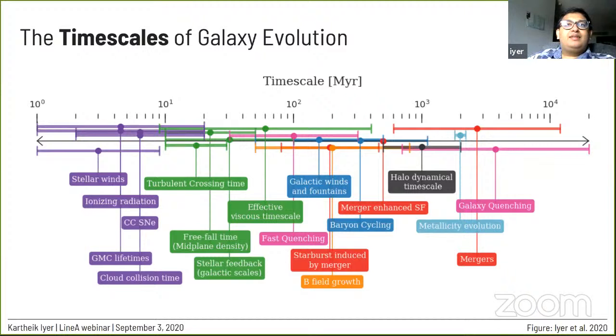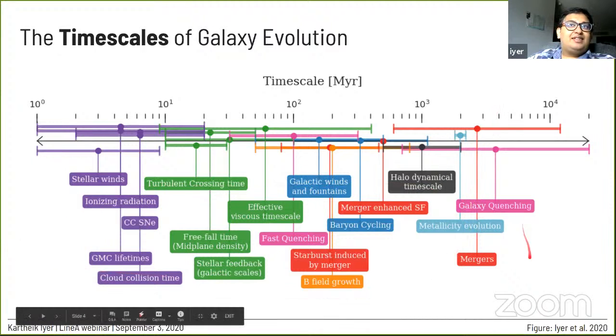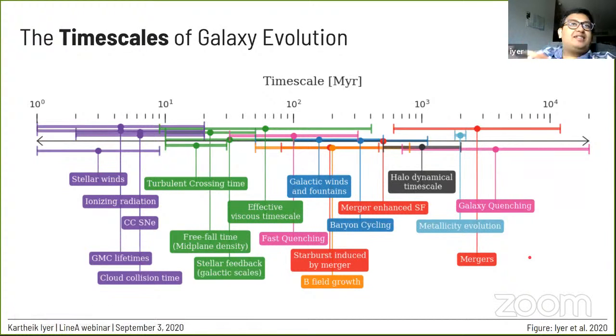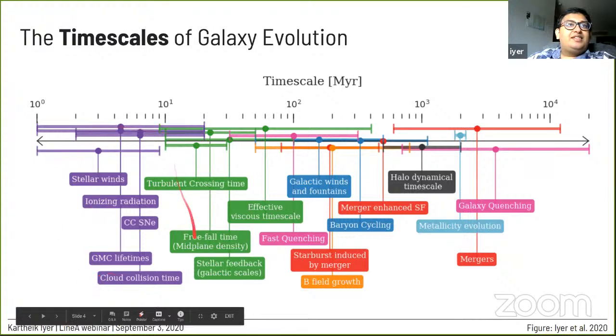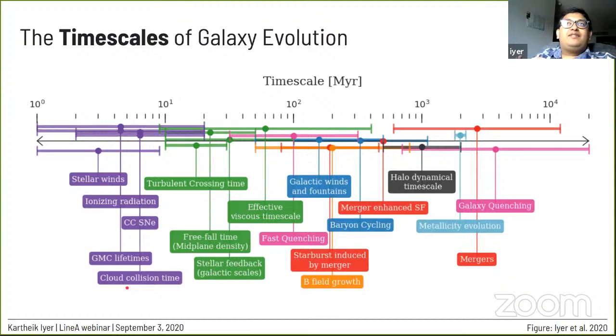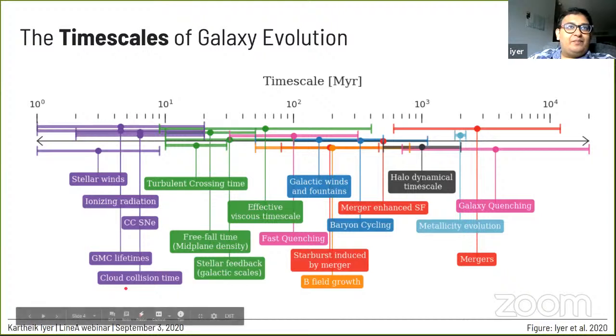So there are many spatial and temporal scales over which these different processes act, and these processes are shown here with different colors showing different classes of processes. So on the smallest time scales, you have things that can locally affect whether or not giant molecular clouds are created and destroyed, and therefore how star formation happens on the smallest spatial and temporal time scales.